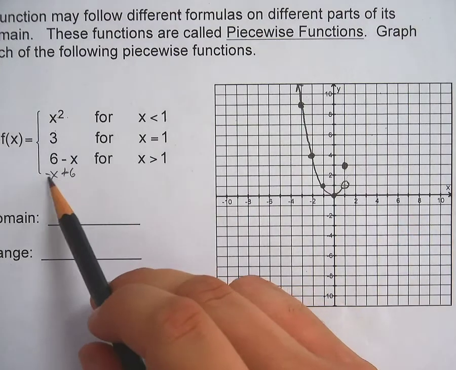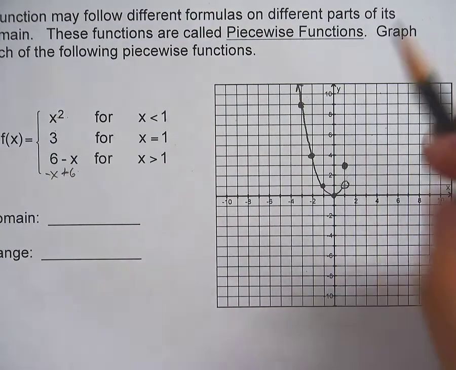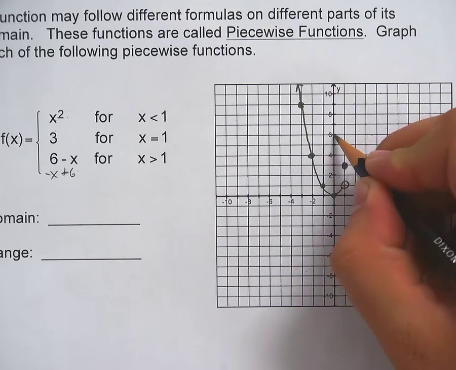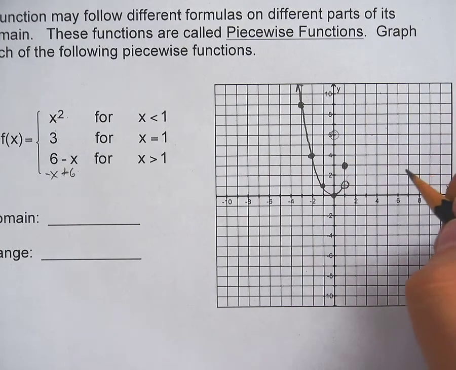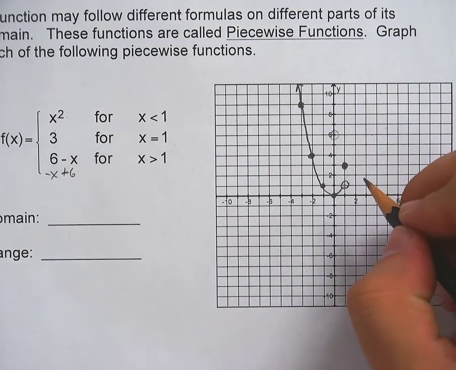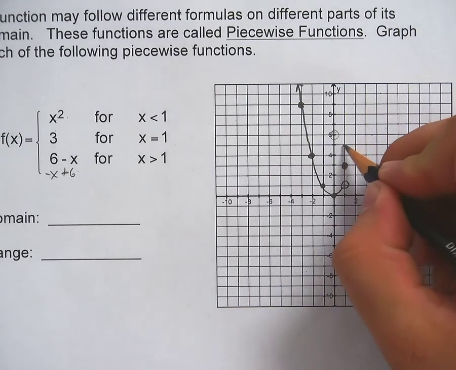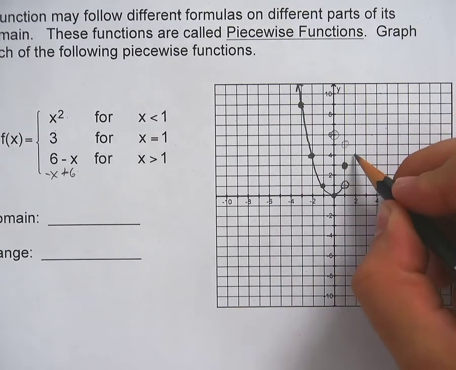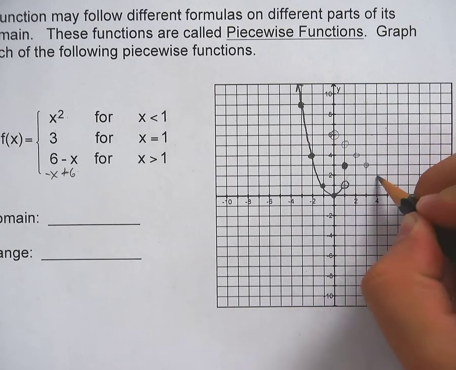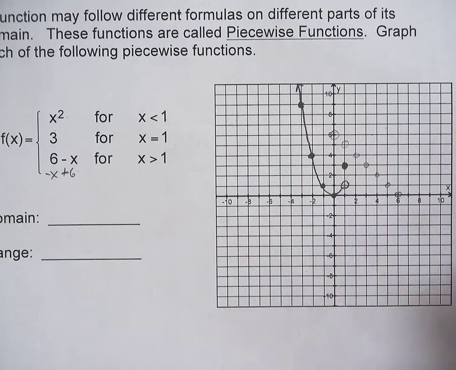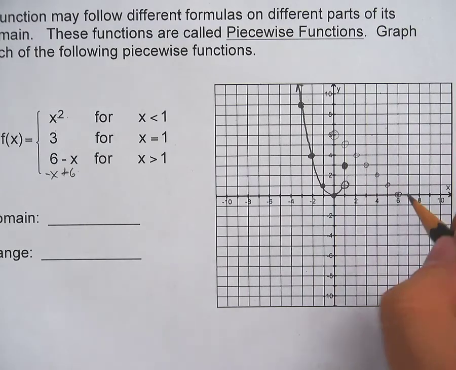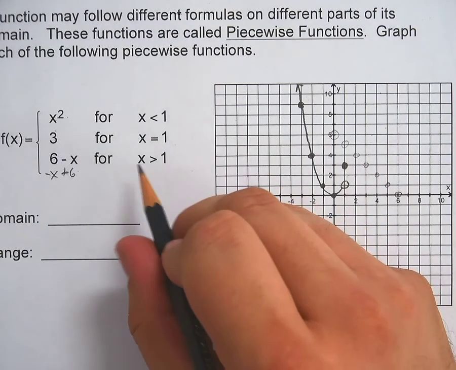And then negative x plus 6. So negative x plus 6 starts here at 6. Put an empty circle there. And my negative x, so it goes down 1 like this, and it continues down like this. Now notice I'm not filling anything in just yet, because this function only exists when x is greater than 1.